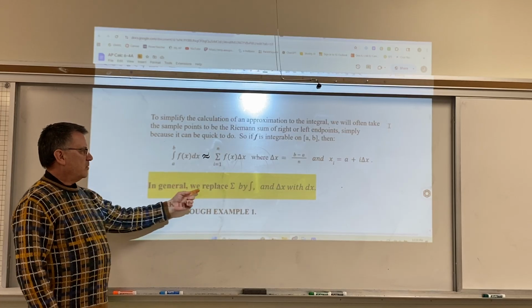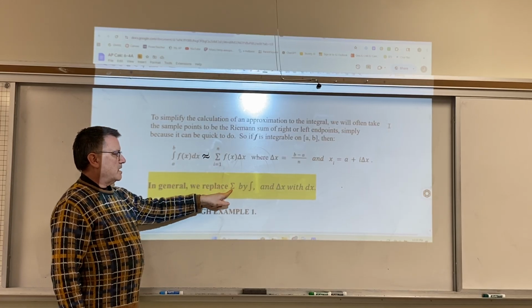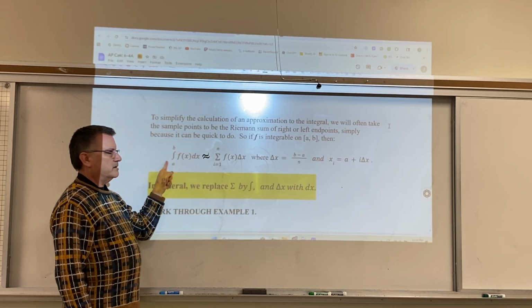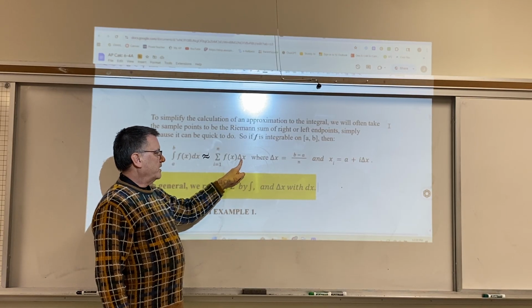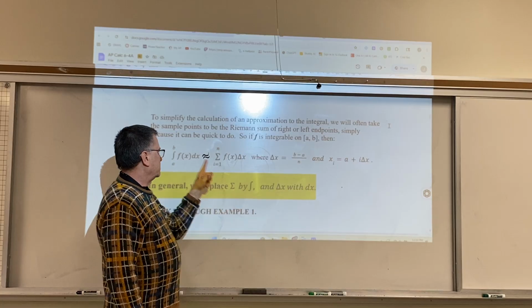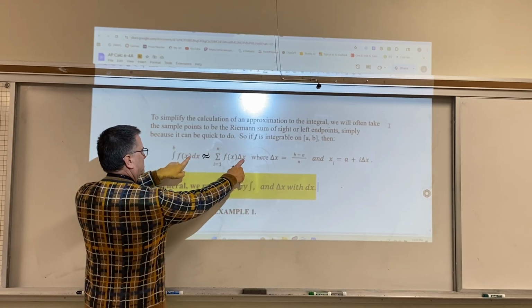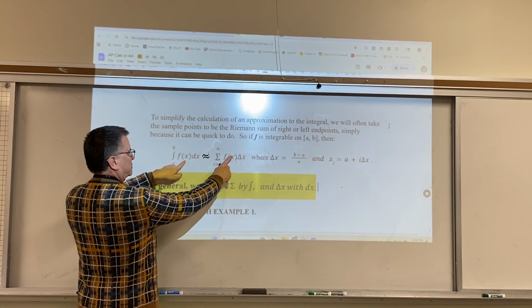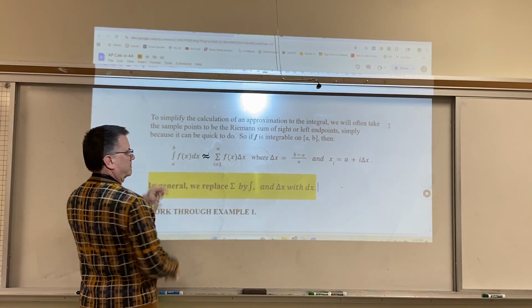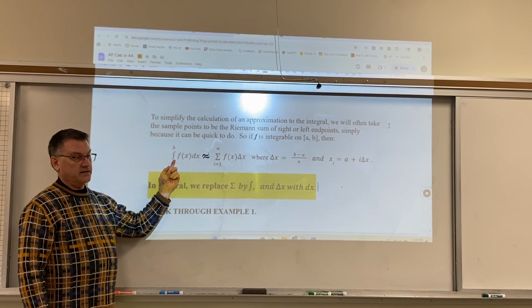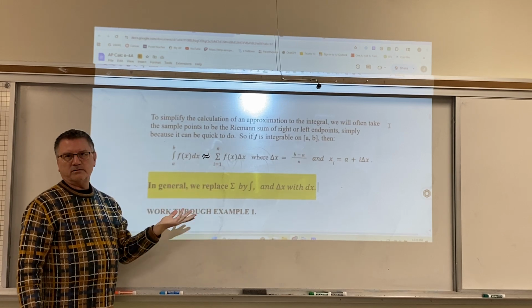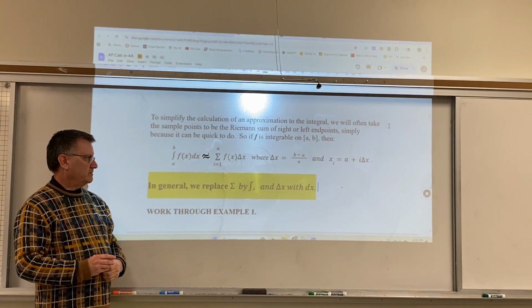All we do in general, we replace the sum with this symbol, the integral sign. And the width, the change of x, becomes dx. So notice that became different. I keep my function. And that becomes that. This will give me the exact value. This is giving me a pretty close approximation.